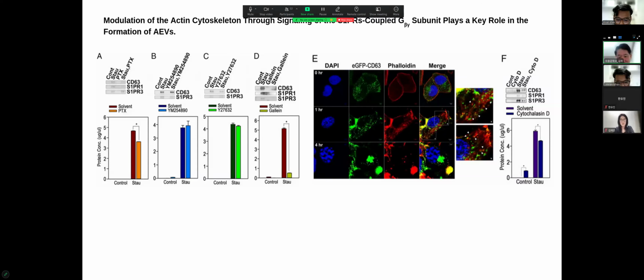Then you mostly know the popular signaling pathway caused by the G alpha subunit.